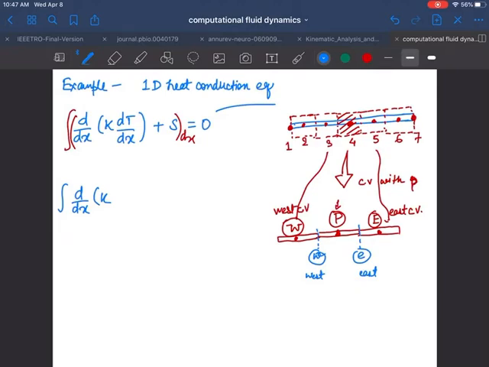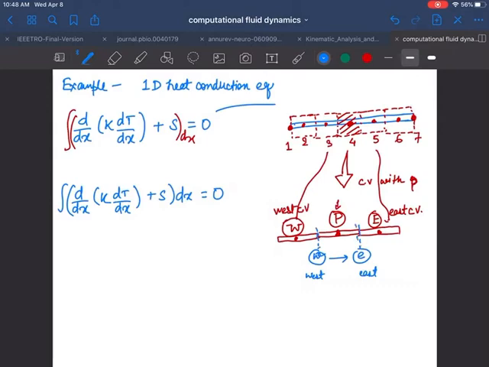So now we are going to apply the finite volume method for the one-dimensional condition. d by dx of k dT by dx plus S is integrated over the dx domain and is equal to 0, and we will integrate it from west to east, right?